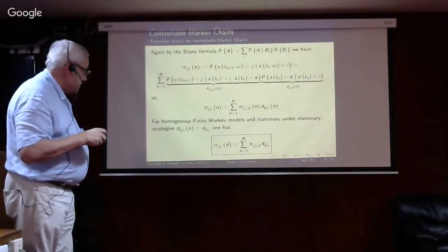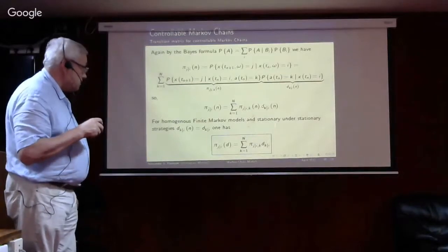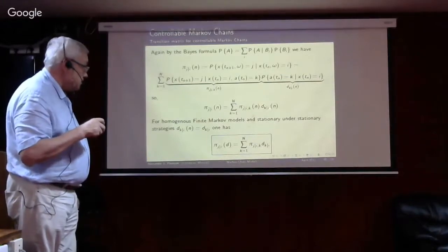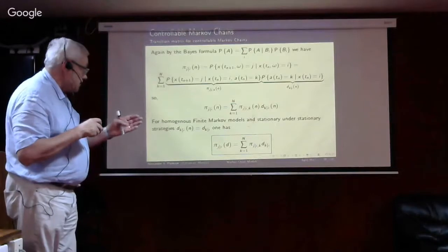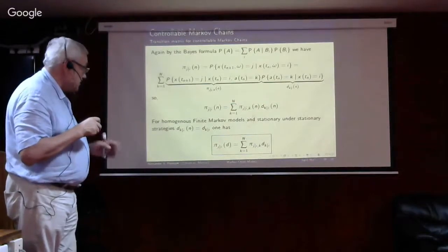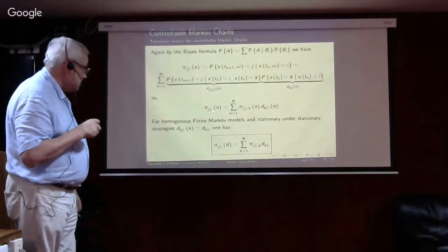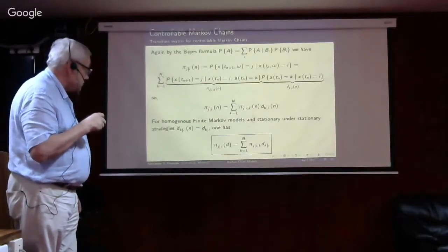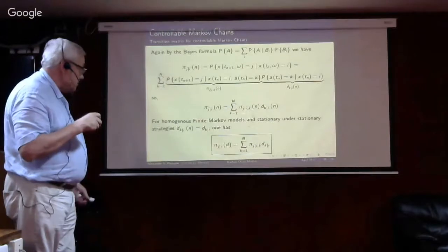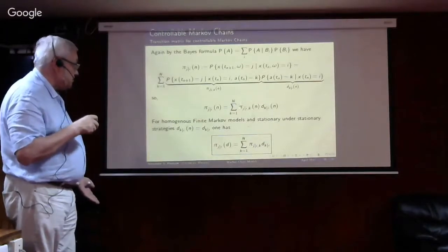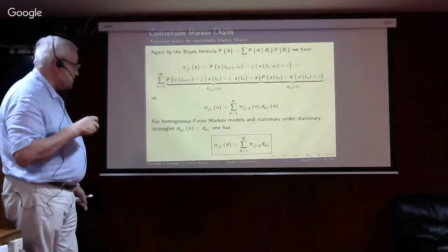If we introduce this probability, in state E select strategy K, select control K, then the general probability from E to G may be realized by various different methods.